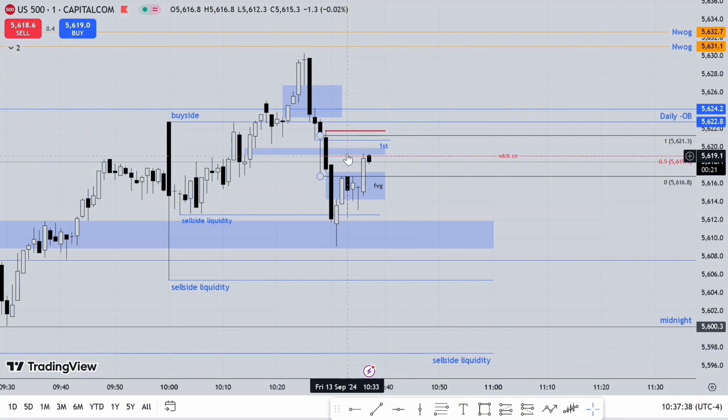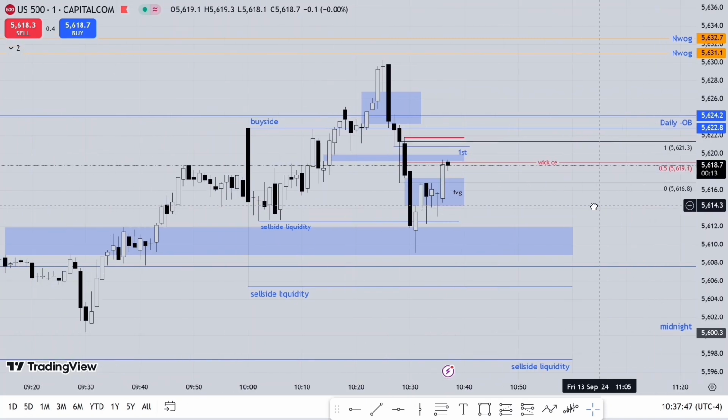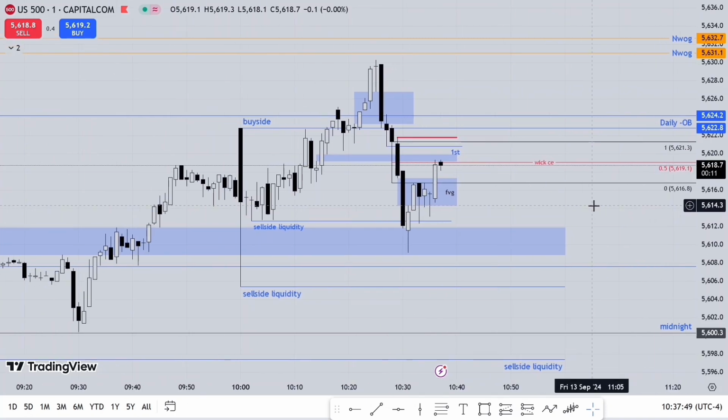So you do not want price to violate this intermediate term high here. So let's watch how the algorithm boosts price. You need to take notes, especially sessions like this. This will help you to foresee and to predetermine bodies of price action you do not want to engage in.